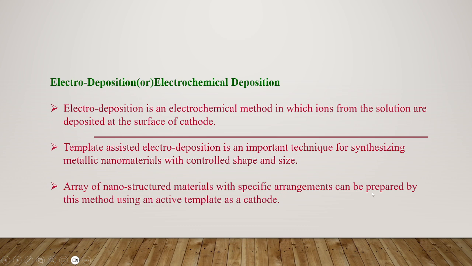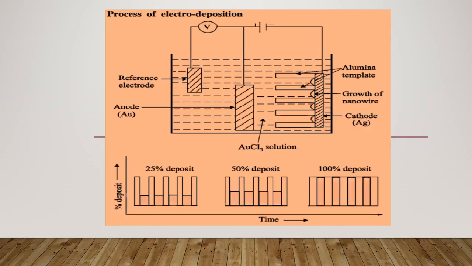A specific arrangement of nanoparticles can be prepared by this method using an active template as a cathode. So it is a template-assisted electrodeposition process which is used to prepare nanomaterials.